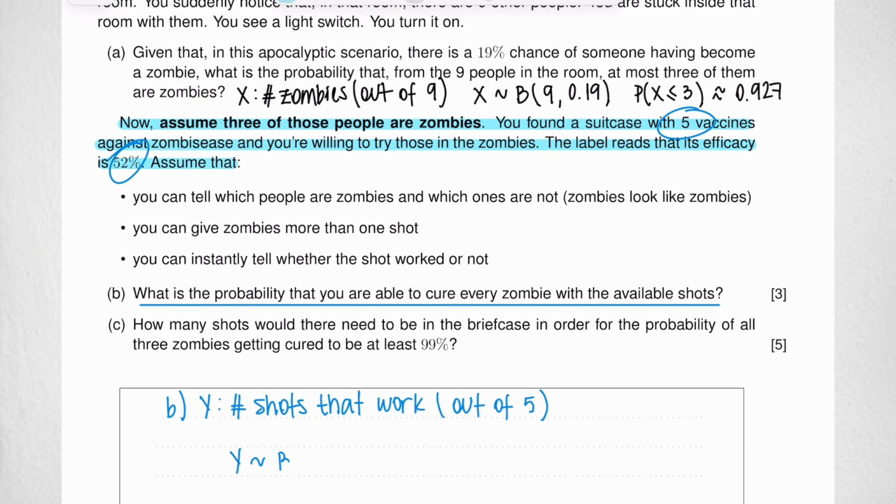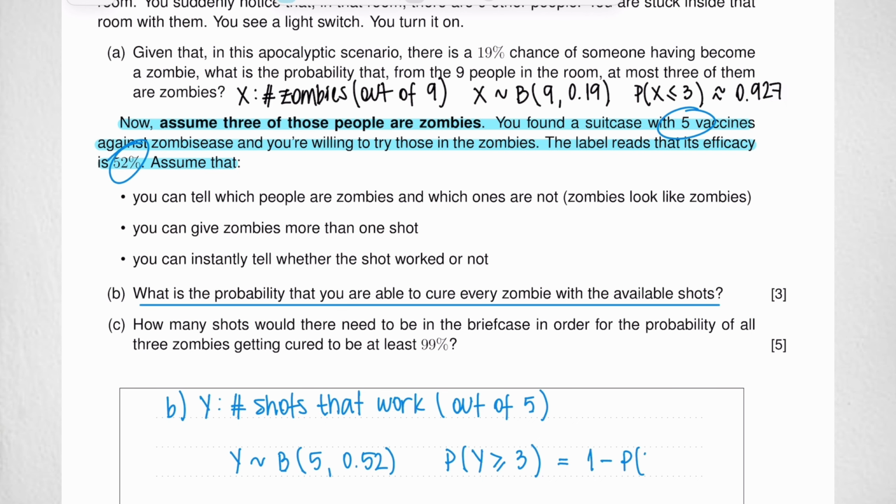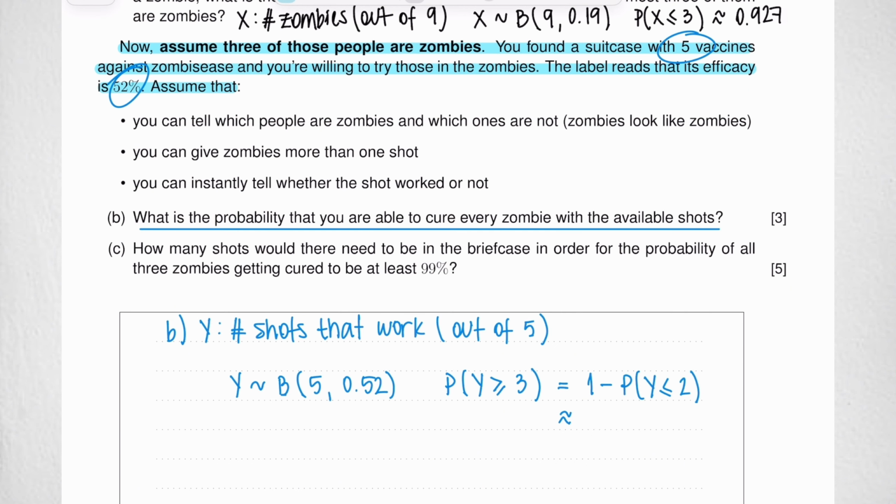We also have a binomial distribution with n equal to 5 and the probability of success 0.52. We want to know what is the probability of Y being greater than or equal to 3, which by the way, if you're using a TI-84, you might want to do 1 minus P of Y less than or equal to 2. So this gives you approximately 0.537.